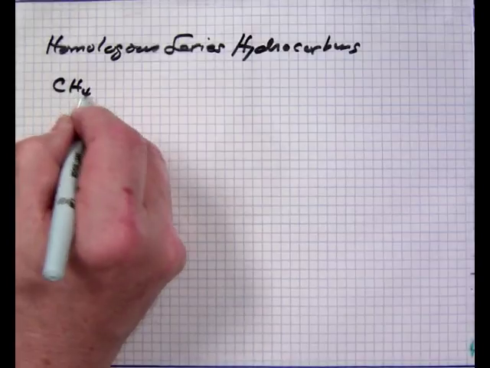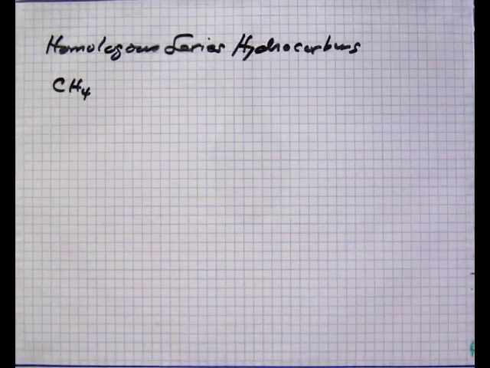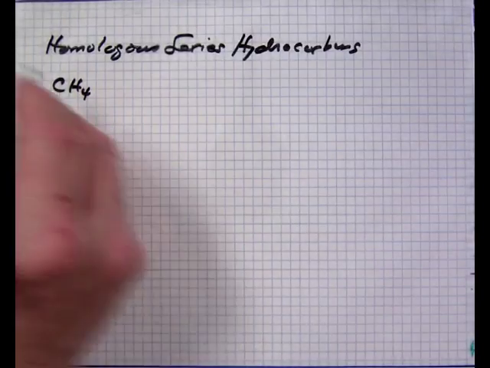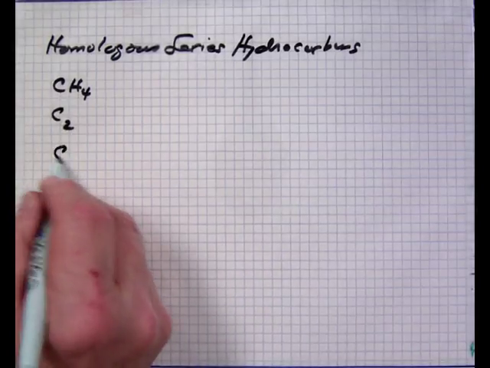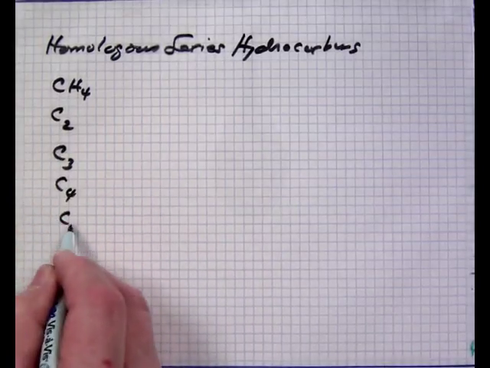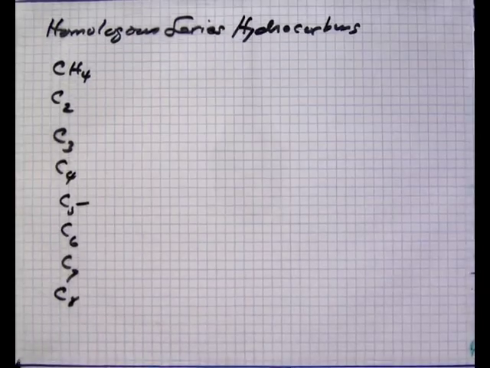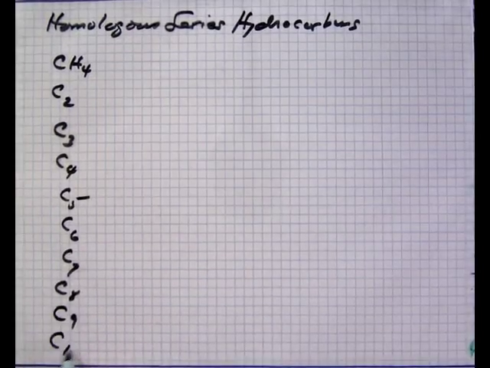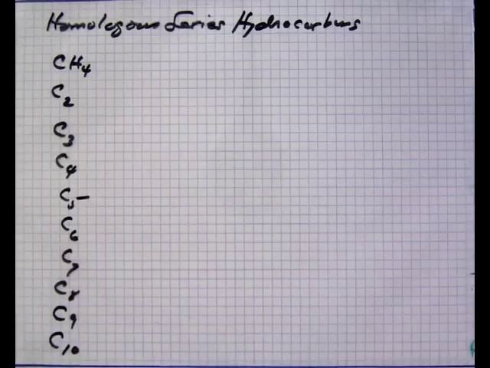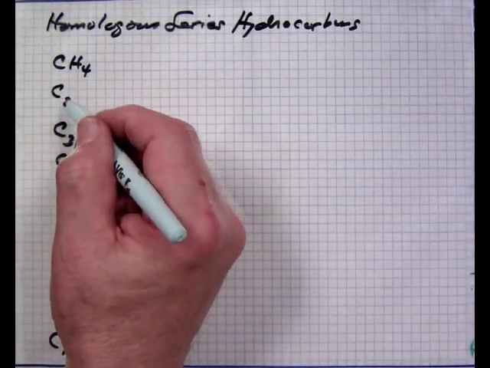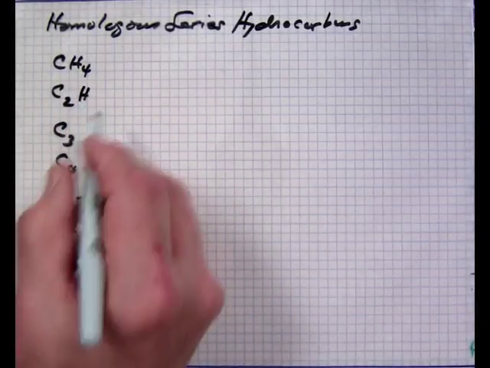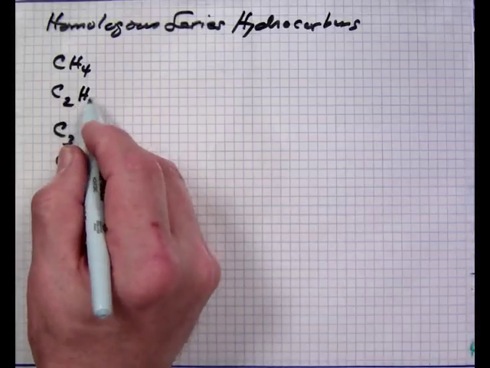And this is CH4 right there. Carbon has 4 bonds. What if you had C2 and C3 and C4, C5, C6, C7, C8, C9, and C10? So it's 1, 2, 3, 4, 5, 6.